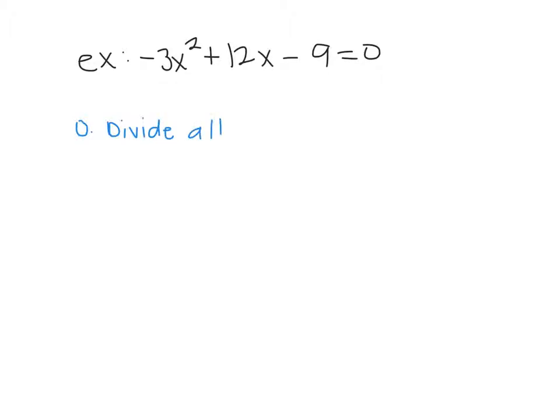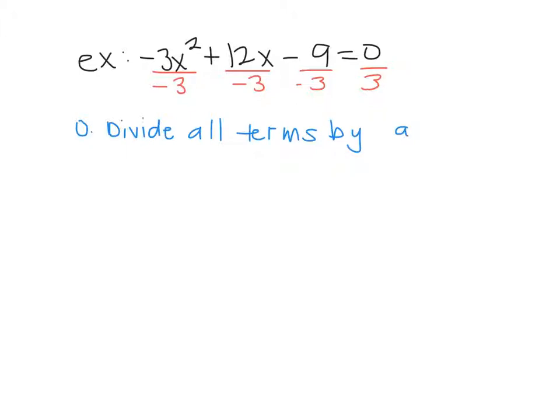So divide all terms by a, and then let's go ahead and do that for this quadratic. We're just dividing everything by -3.